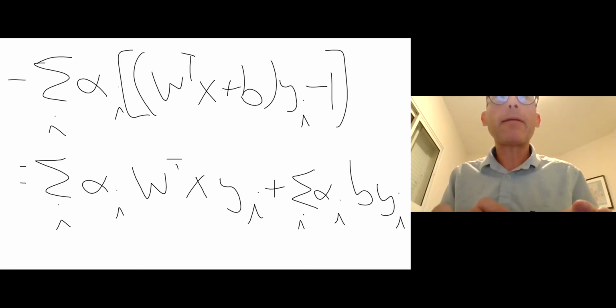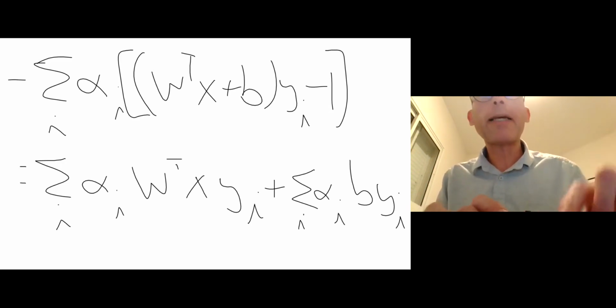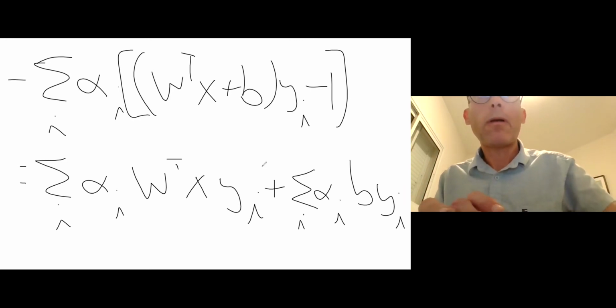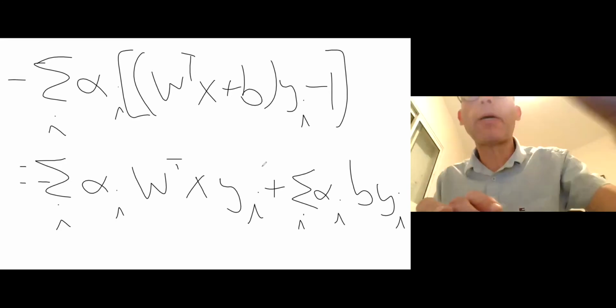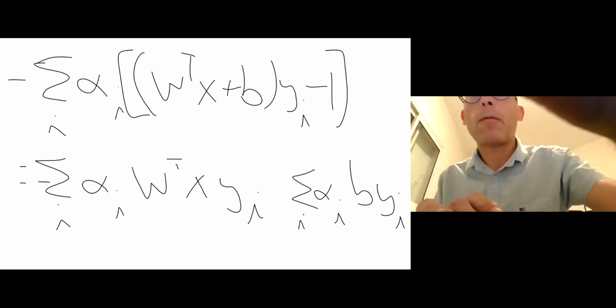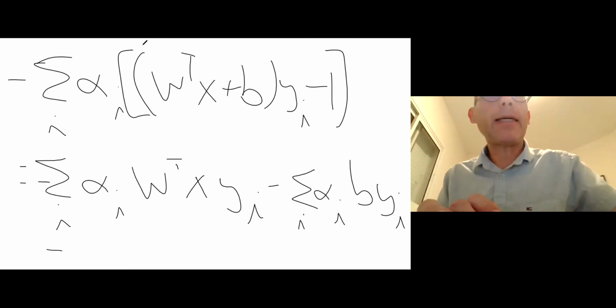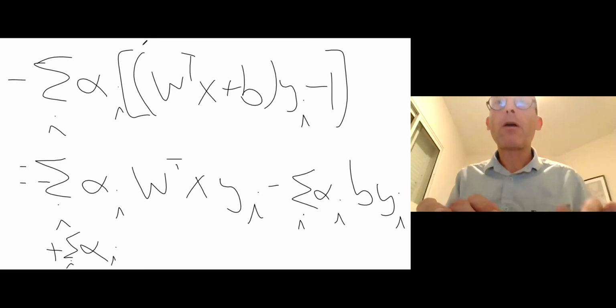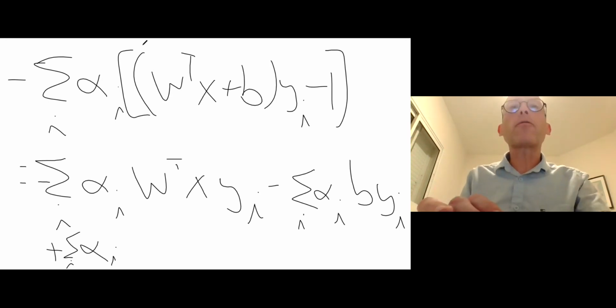Everything here is in the minus. So it is minus this, minus this, and plus the sum over i of alpha_i, because this multiplies by minus 1 and the minus. Okay, so we have the sum over i of alpha_i, that's part of the thing.